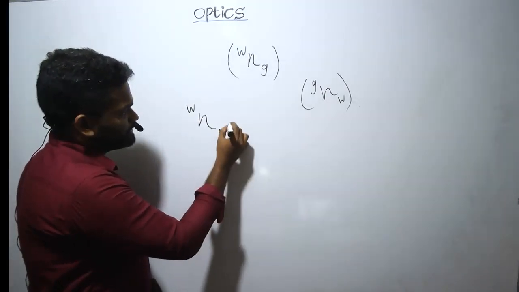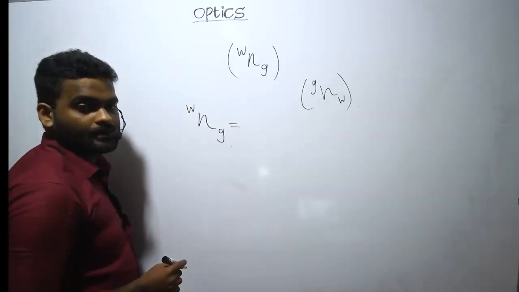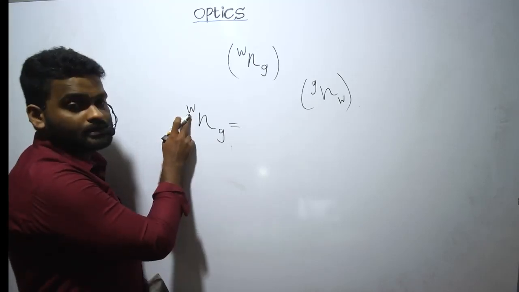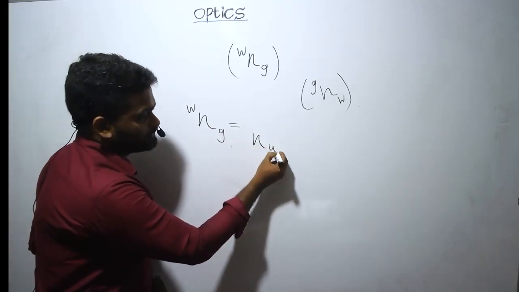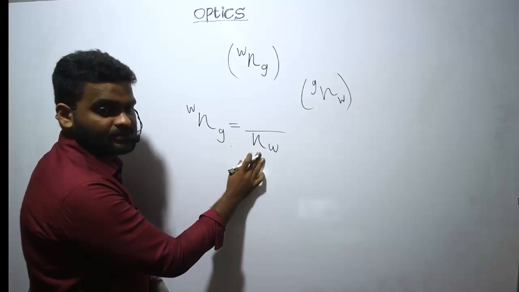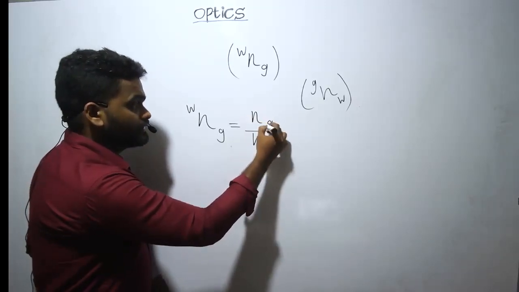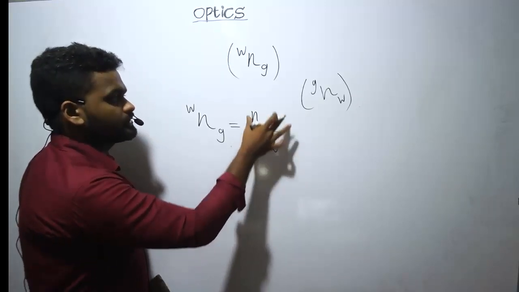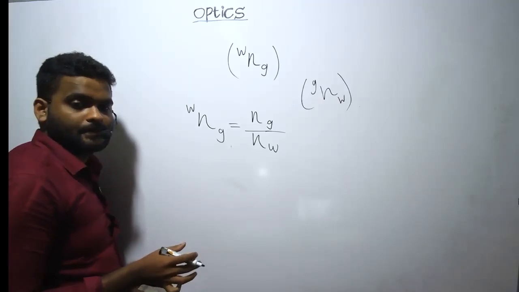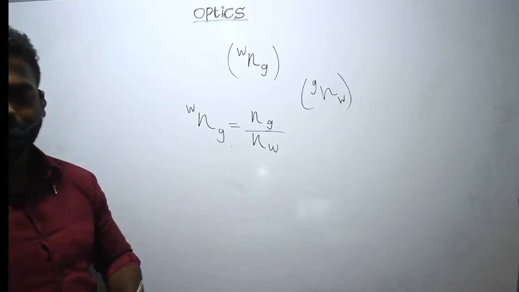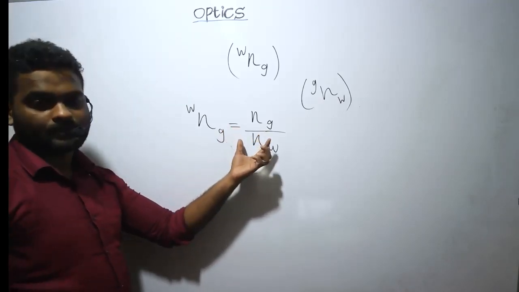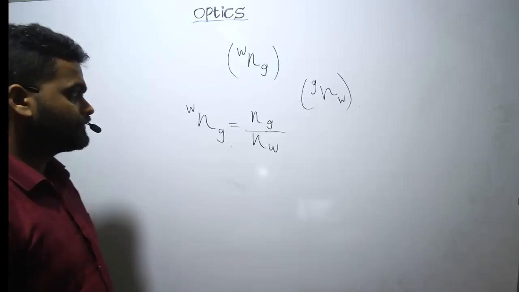So NWG, how do you write that? Relative to water, right? So water goes here. Absolute refractive index, how many times compared to water? The refractive index of glass. So using this one, you can find that.